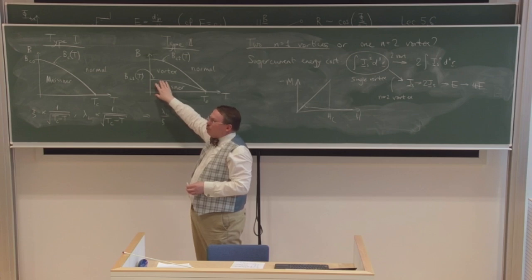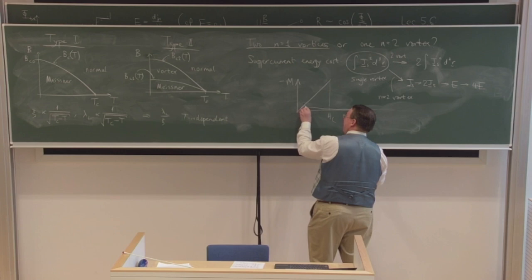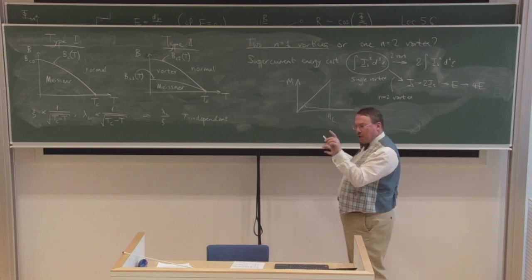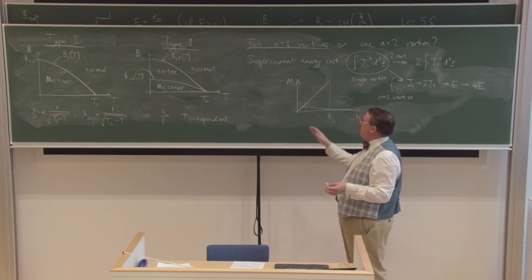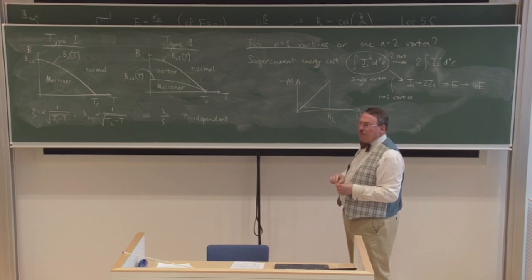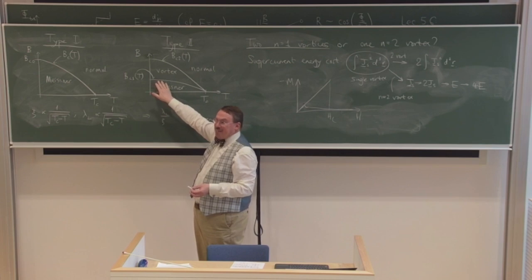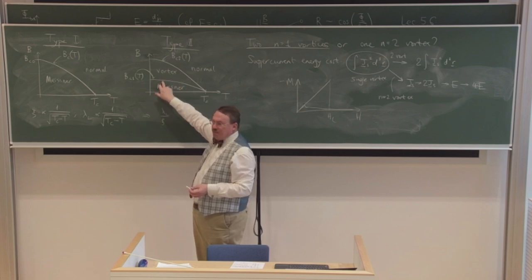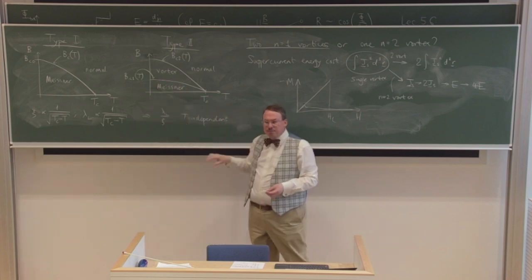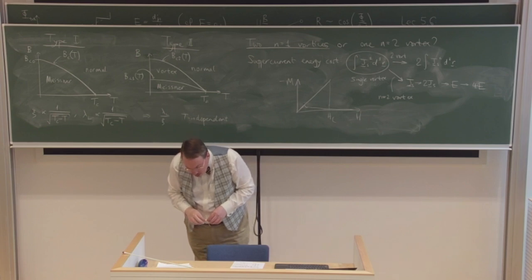If we actually drew this for a finite system, then there'd be a set of steps and things here, right, which would correspond to individual flux quanta being inserted, but we've taken the thermodynamic limit so that all of these curves become smooth. And so in that limit, I think you can only talk about the vortex density, and it will just grow from zero as you cross this line. But we will come back to think about the location of that line.